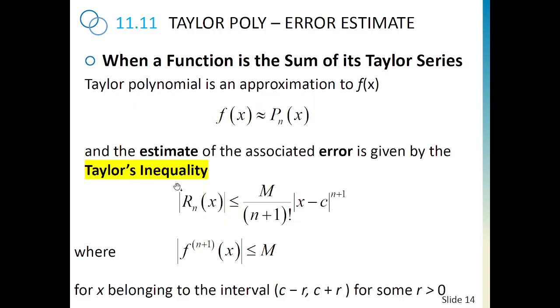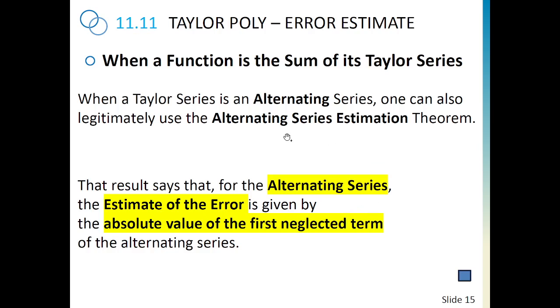But the Taylor inequality is valid all the time. So even when we have an alternating series, we can still use the Taylor's inequality. There is no problem with that. But sometimes it might happen that the alternating series is present, so maybe it's easier for some people to just take the next term and use it as the estimate of the error. So it's totally your choice.